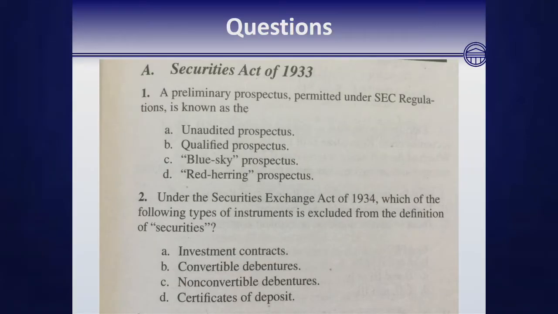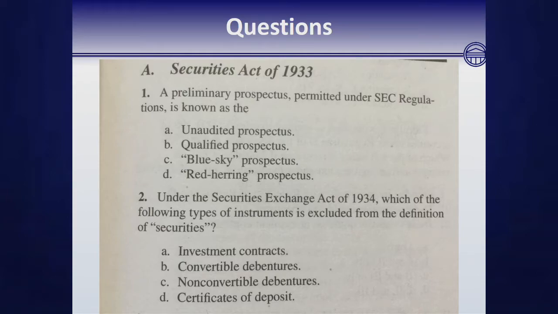So let's look at some questions, and let's see if you can solve these. So the first question is this. A preliminary prospectus is permitted under the Securities Exchange Commission regulations, and a preliminary prospectus is also known as a red herring prospectus. Red herring, I don't know if you're familiar with that term, but the term is hundreds of years old.